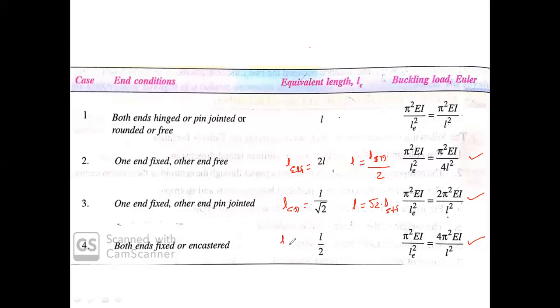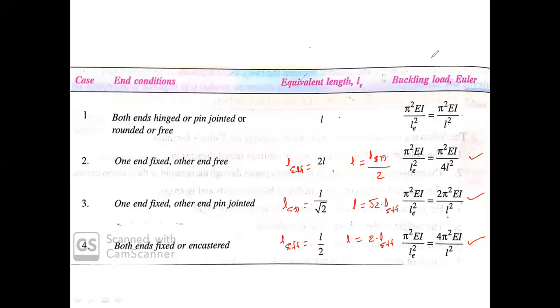Your L effective is L by 2. What is your L value? 2 into L effective. So substitute L as 2 into L effective here, and you will again get the same value, pi square EI by L effective square. Understand?